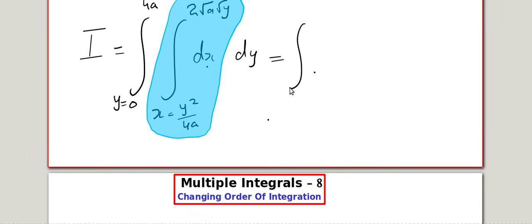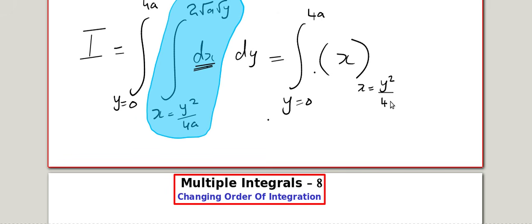So it is like y equal to 0 to 4a, integral dx is x. By the way, so many students in class always ask me, why should we change the order? Why don't we evaluate the integral as such? The answer is very simple.